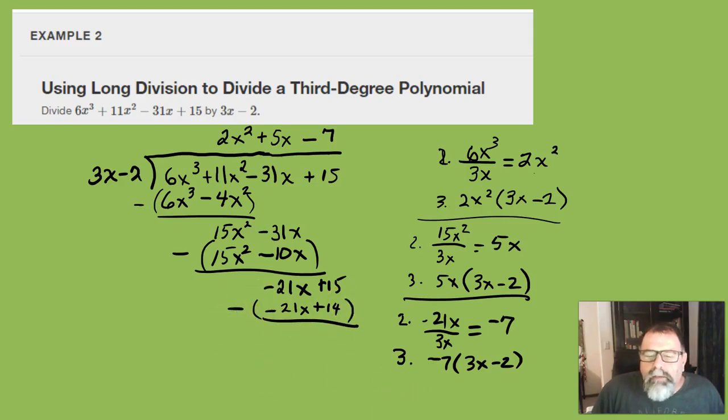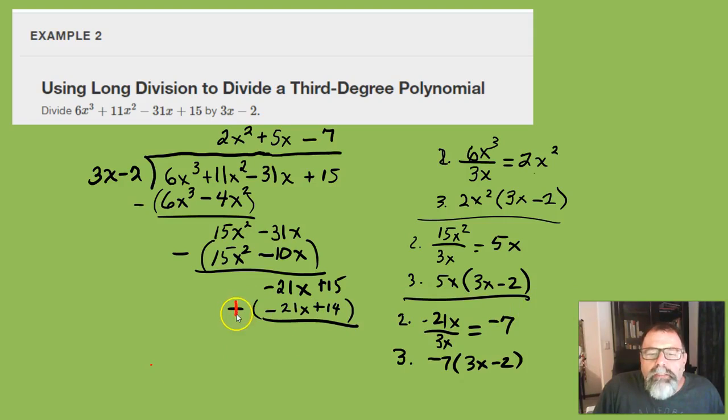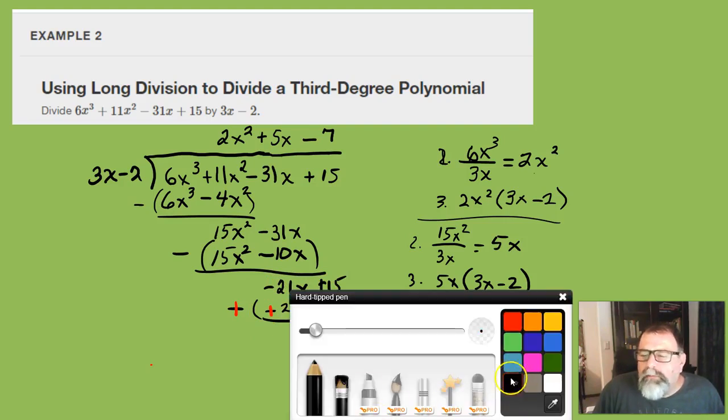Normally what I do on my paper when I'm not showing my work to students is I would say, okay, how do you subtract polynomials? You change it to add the opposite. So we change all these signs like that. So negative 21 plus 21 would be 0. 15 minus 14 would be 1. Okay, so you can do it either way.